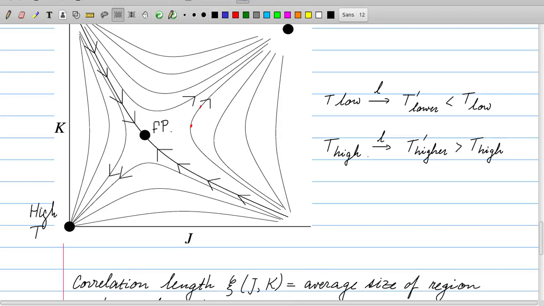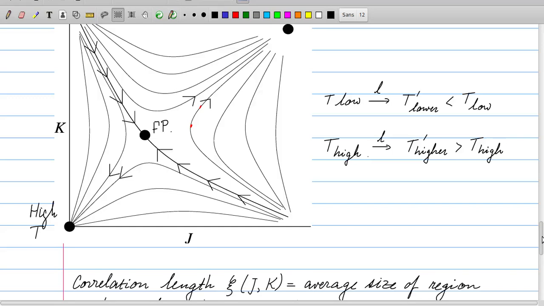So here once more, for the last time, a summary. T low goes to even lower temperature under renormalization by a rescaling length L, and the high temperature goes to even higher temperature. Now, the argument for the high temperature involved a correlation length. The correlation length psi is the average size of the region of +1 or -1 spin. So it's a region of one color in the simulation, red or blue.